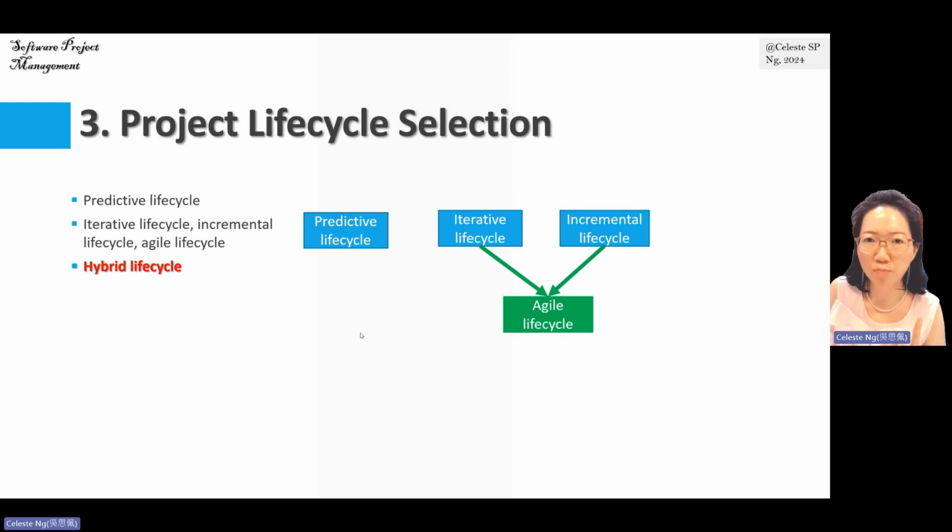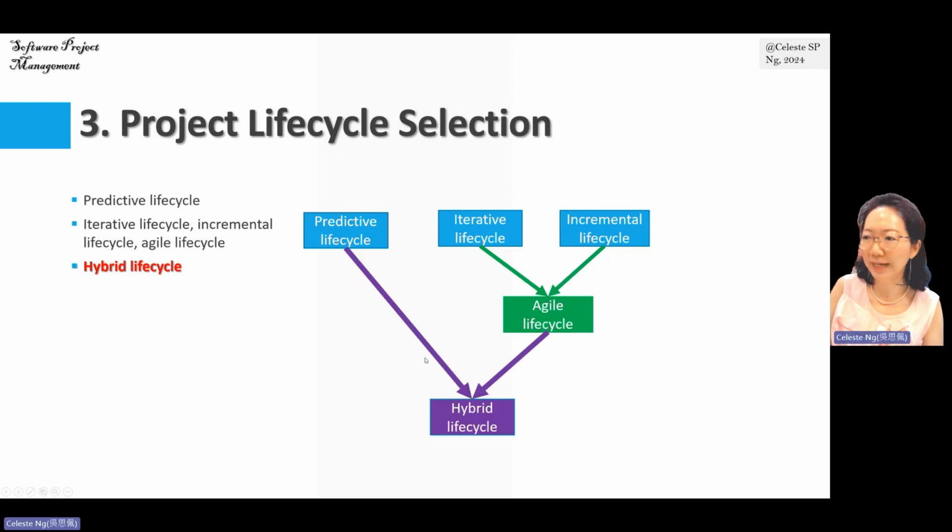And what is a hybrid project lifecycle? It is like this. A hybrid project lifecycle is predictive project lifecycle plus any one of these three project lifecycles. This is called hybrid. All right.